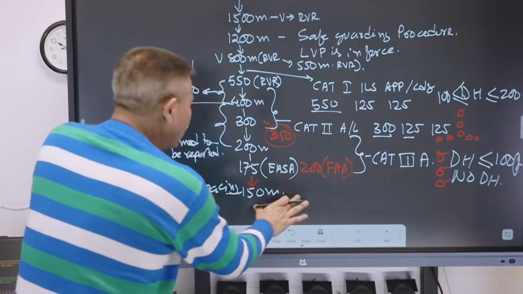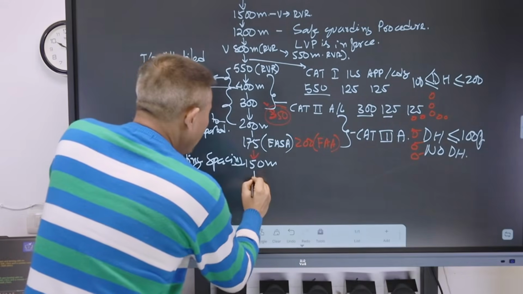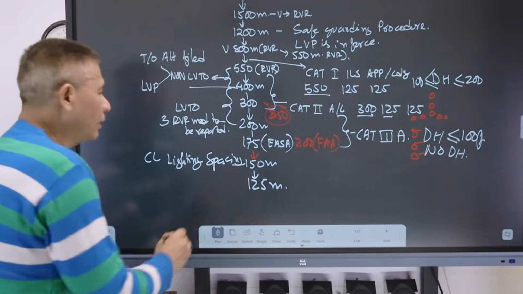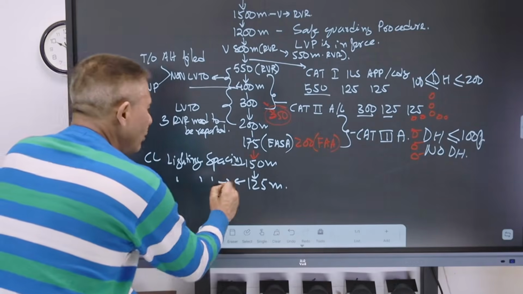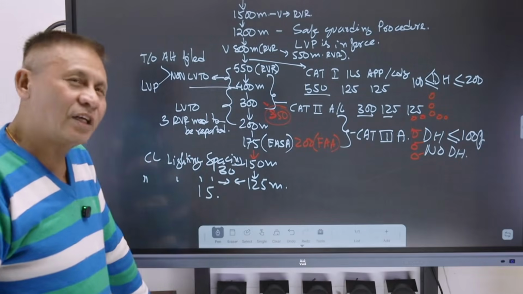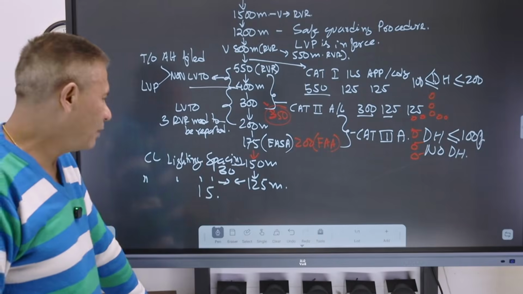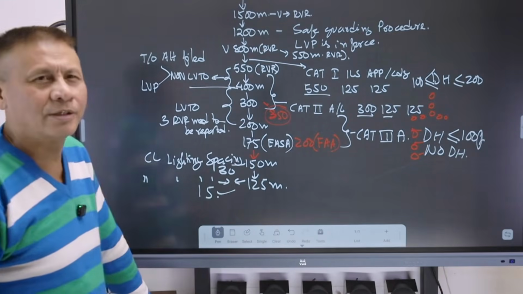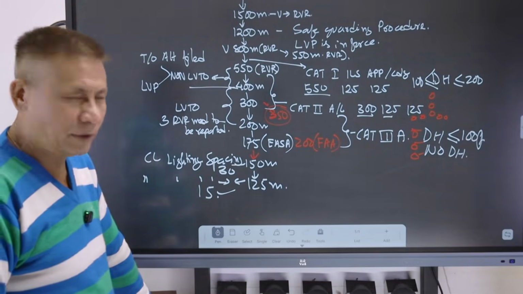Now let's come down further. Next is 125 meters. I can carry out the LVTO if the center line light spacing is 15 meters. If the center line lighting is 30 meters, I can carry out LVTO up to 150 meters of RVR. But if the center line lighting is 15 meters, then I can continue the takeoff up to 125 meters.